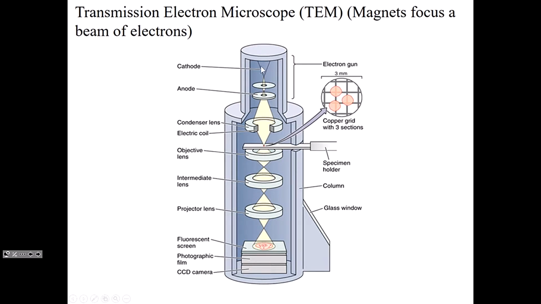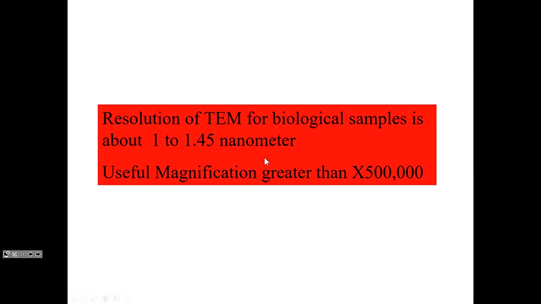So we shoot a beam of electrons down through this electron microscope, and the electromagnets focus that beam of electrons through an image, and we can resolve things much smaller. So resolution with a transmission electron microscope is maybe 1.5 nanometers, and we can see things maybe about 500,000 times magnified. Okay, so obviously with an electron microscope, we can magnify things much better.